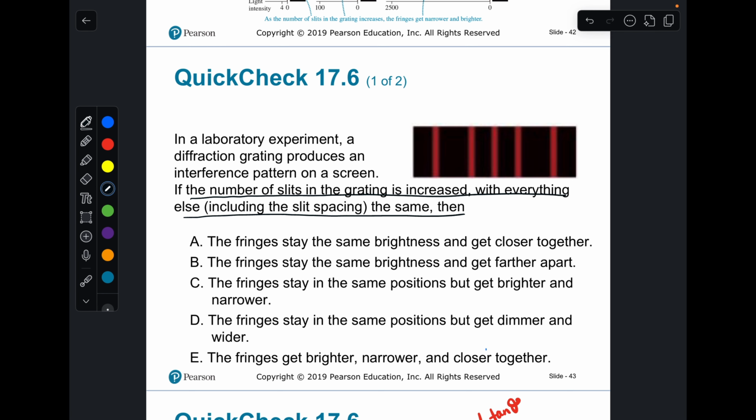What we know is that the brightness increases, so we definitely can rule out options A and B. We know that the positions stay the same and get brighter, and they get narrower, so that sounds good. The fringes stay the same but get dimmer, no. The fringes get brighter, narrower, and closer together, no. So C must be the choice.